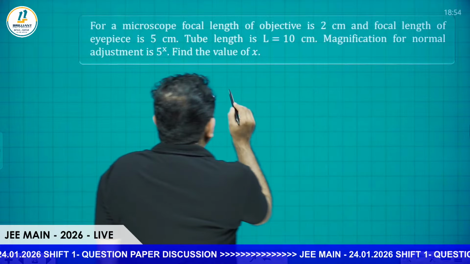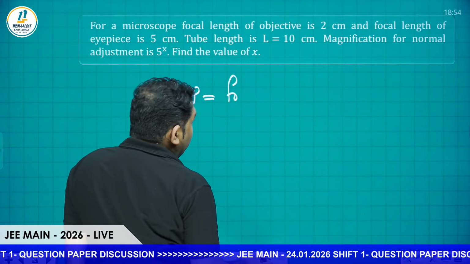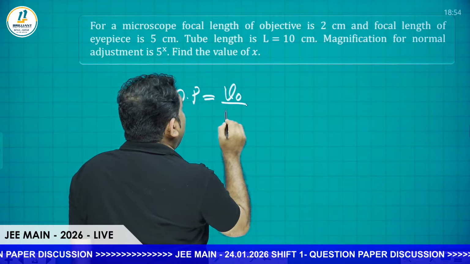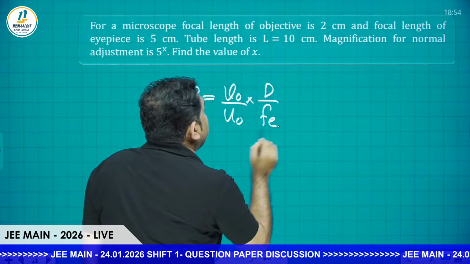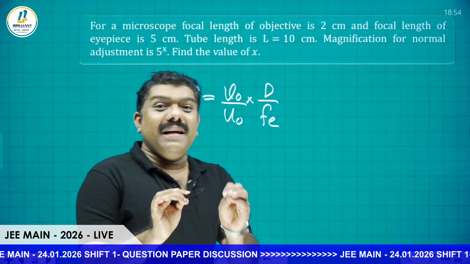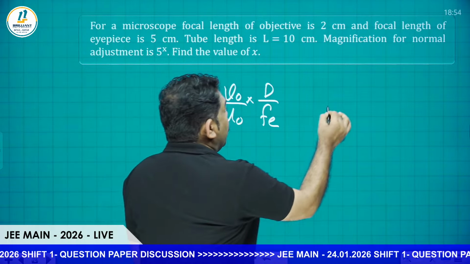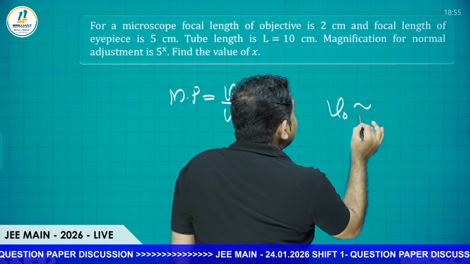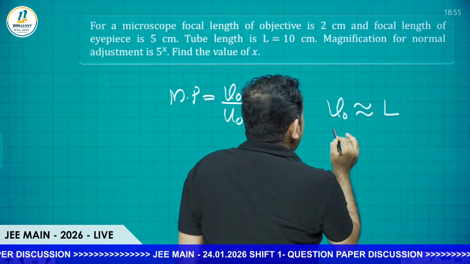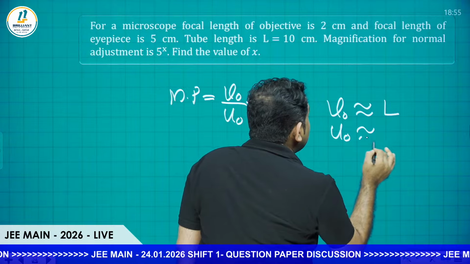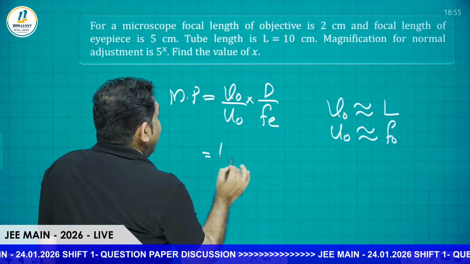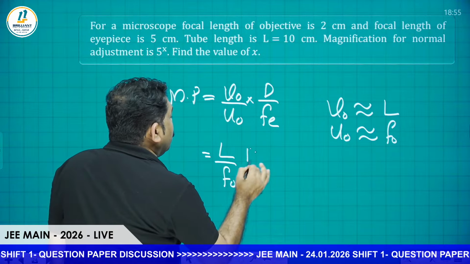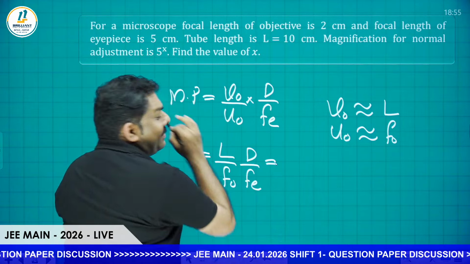We know the formula: vo by uo into D by fe. But we have an assumption. What is that assumption? vo is nearly equal to L when uo is nearly equal to fo. So I can write L by fo into D by fe.